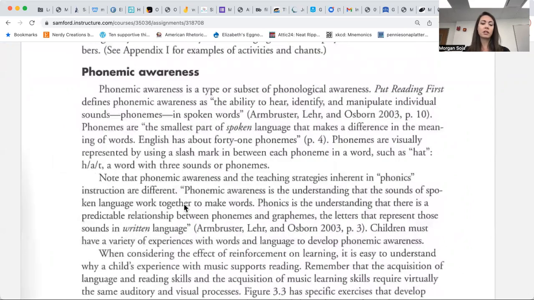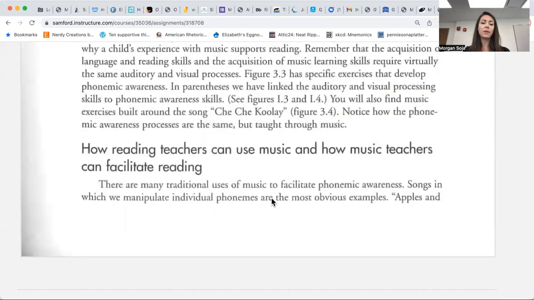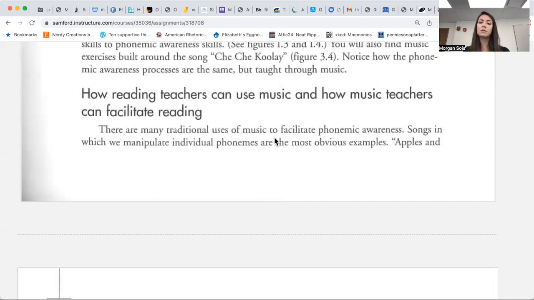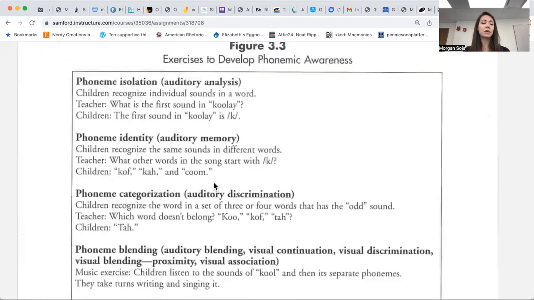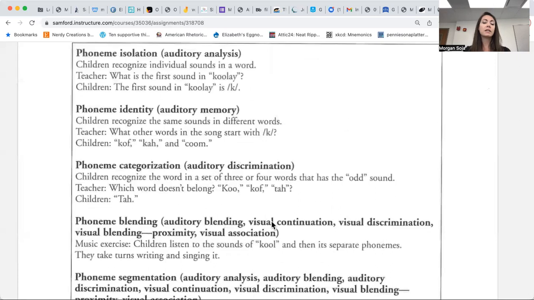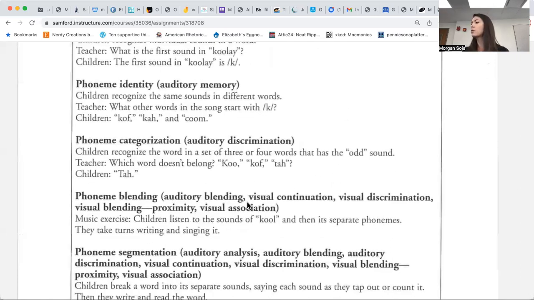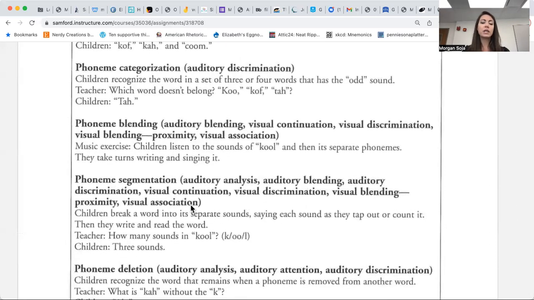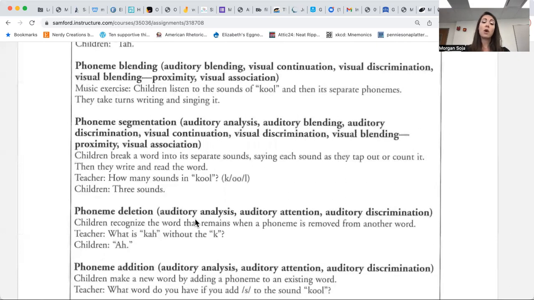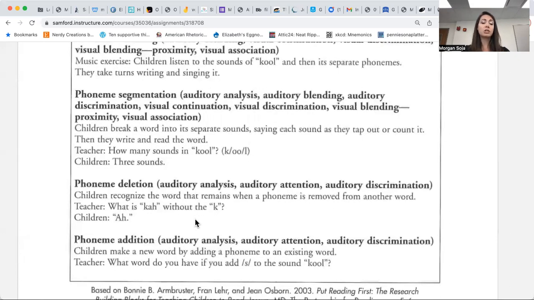So they're talking again about phonemic awareness and what that is, how reading teachers can use music, how music teachers can facilitate reading. And it's more of what we talked about with sharp. What's the last sound in the word sharp? But how can we do it? I think choir directors or elementary music teachers have a slightly easier time at doing this because we have a lot of vocabulary and a lot of words that come to us through songs.